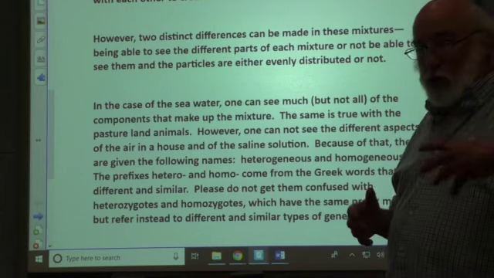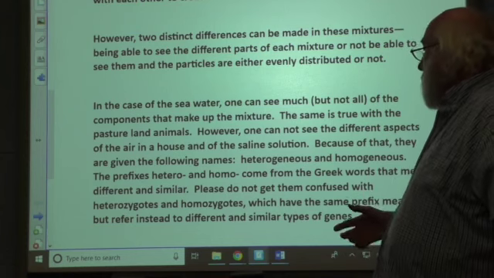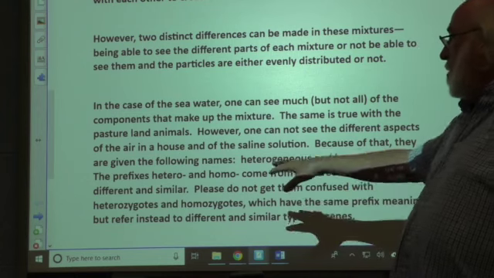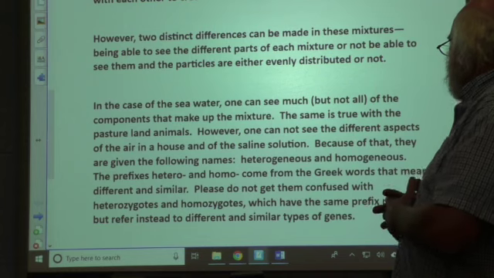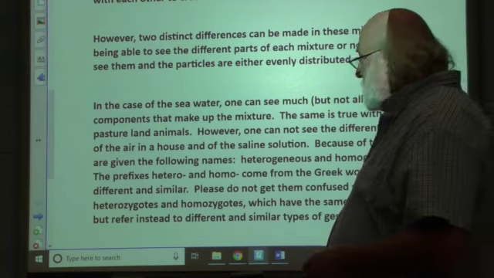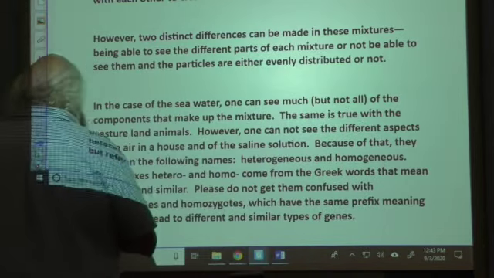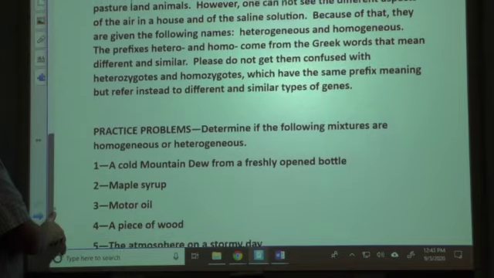And with your biology training that you had before you came to me, you've used those prefixes before with heterozygotes and homozygotes, I imagine, which have the same meaning, but they are dealing with different or similar types of genes. So heterogeneous and homogeneous mixtures are what we're looking for.